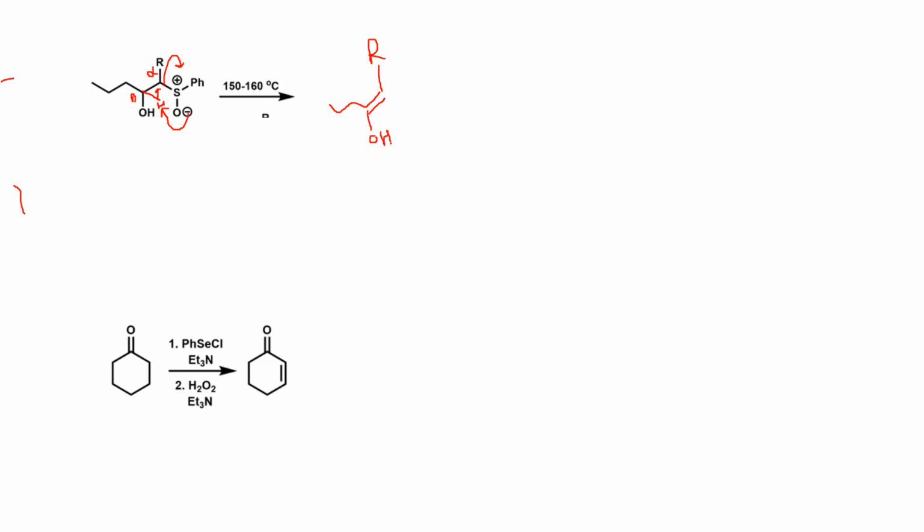Okay, this is another one. Here I have already mentioned the product, so you have to predict the mechanism. What will be the mechanism? How will you get this product from this substrate?